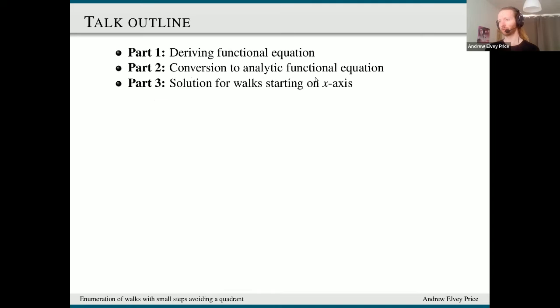This is probably going to be a bit abstract because I'm not going to define all of the functions involved. In the last part, I'll describe a specific example where we get much simpler solutions. And then at the end, I'll define everything and give some results where everything is defined.